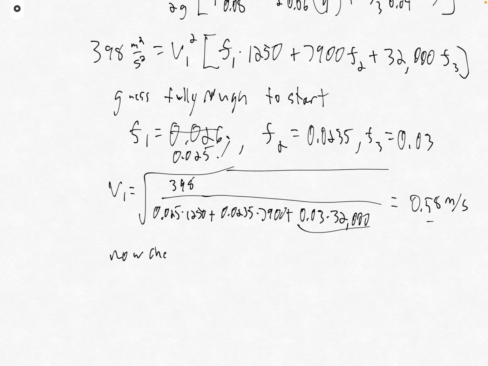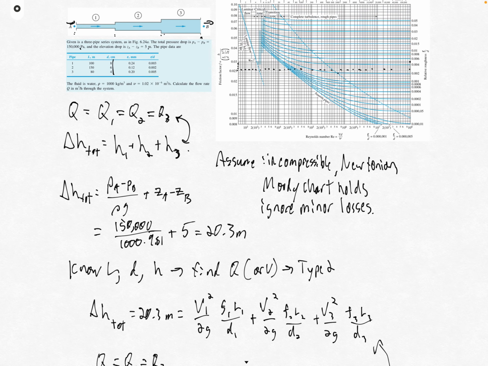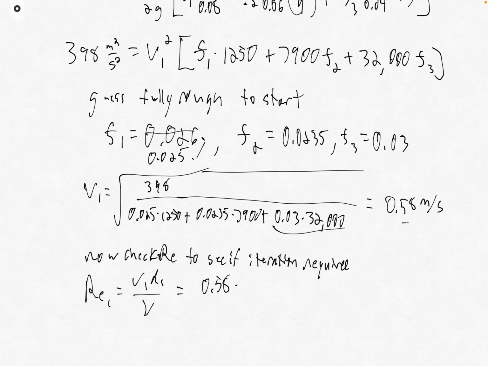Now check the Reynolds number to see if iteration is required. Re1 is equal to V1 D1 over nu. We already have V1 of 0.58 times D1, which is 0.08, over 1 times 10 to the minus 6.